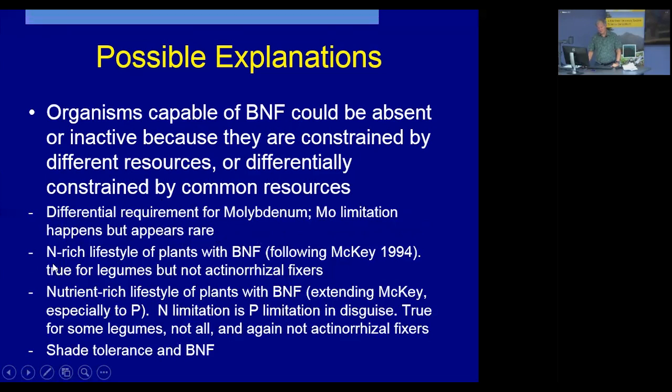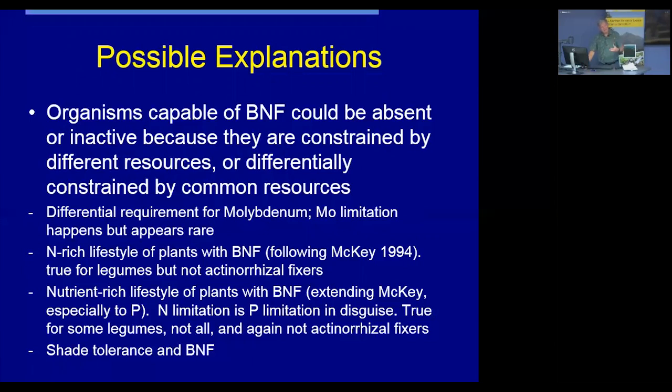Another possibility is that the nitrogen-rich lifestyle of legumes in particular, which are the most abundant group of organisms that carry out biological nitrogen fixation, could basically mean that when you get into systems where nitrogen's in relatively short supply because decomposition and nutrient cycling are slow, as in the temperate and boreal systems, the only way you can possibly have a nitrogen-rich style is by fixing all the time. And there are other reasons you can't do that.